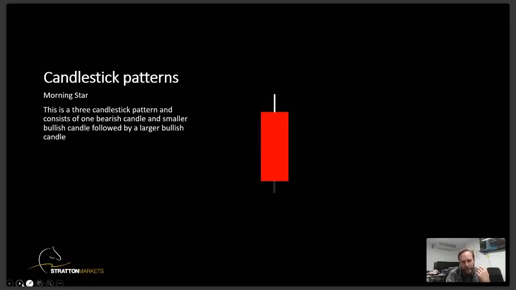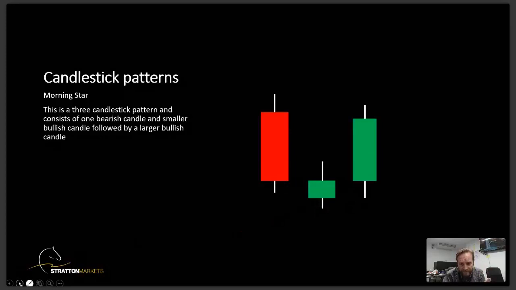You have your bearish candle, followed by your smaller bullish candle, which still opens round about the close, but it's still a little bit higher, followed by your second bullish candle. Again, traders try and look for this pattern to try and recognize a potential bullish reversal.